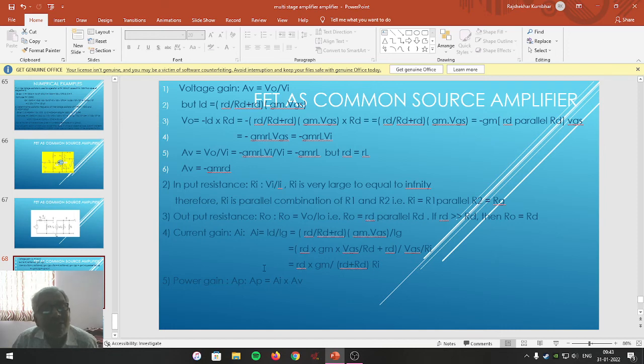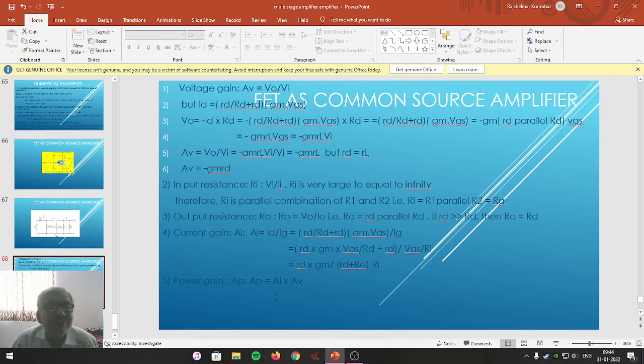Friends, the last parameter of FET as a common source amplifier is the power gain. Power gain is nothing but the product of current gain and voltage gain. We have already calculated the current gain here. We have already calculated the voltage gain here. If you take its product, that is AP equal to AI into AV. So that is going to give you the power gain.